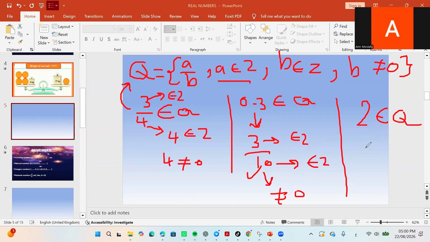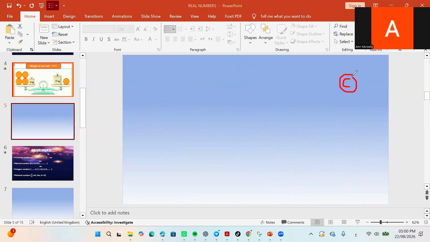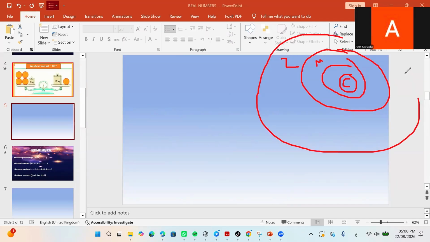You have to know that for any integer, its denominator is 1. 2, we can write as 2 over 1. So 2 belongs to Z, 1 belongs to Z, and 1 doesn't equal 0. That means all counting, natural, and integers are subsets of Q. Q is their mother, okay?